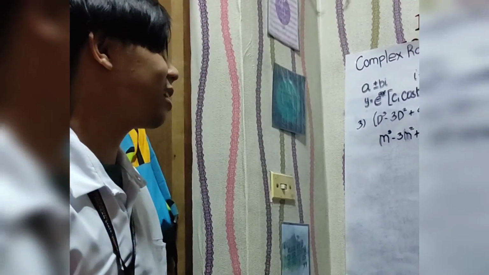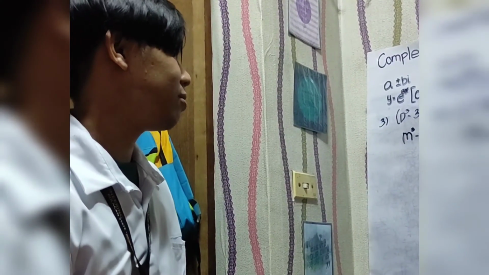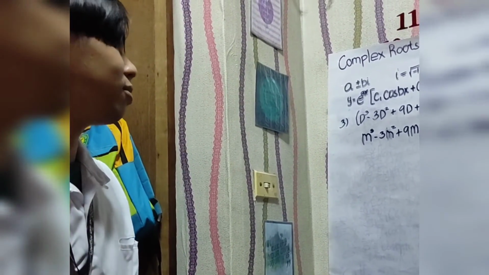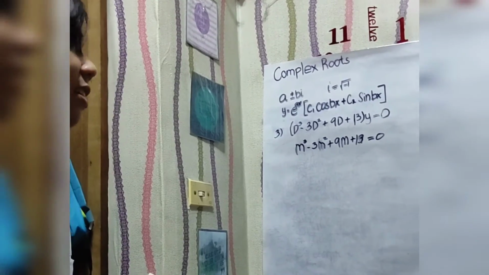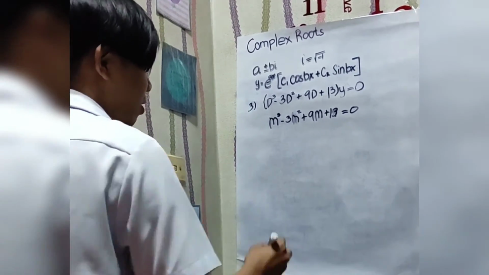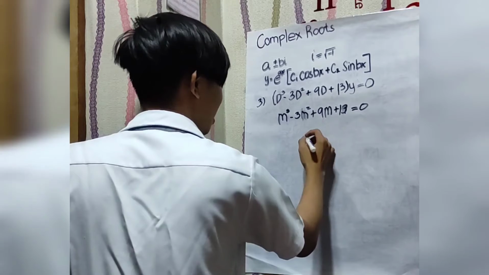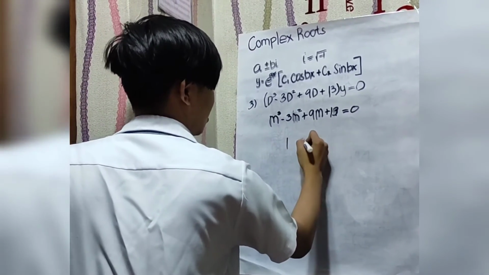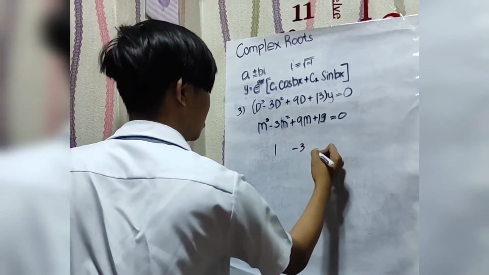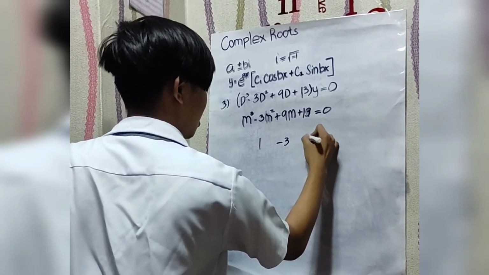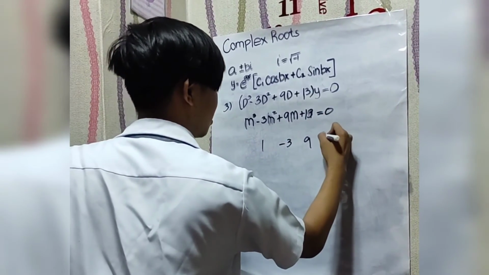Paano gagawin natin dyan? Synthetic division yung gagawin natin. Latag natin yung mga coefficient niya: 1, negative 3, plus 9, 13.